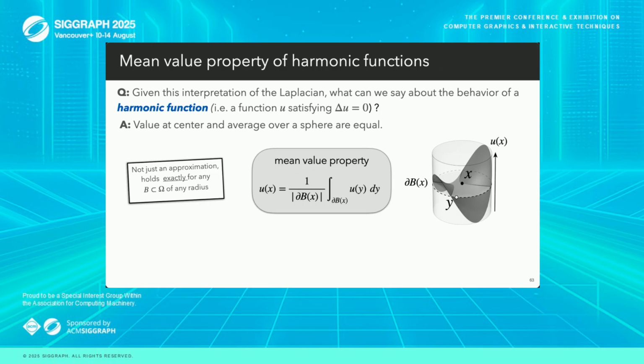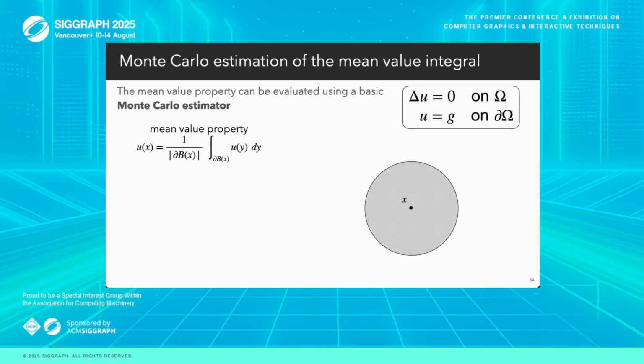Okay? This is the mean value property of harmonic functions, and conveniently, it gives me an integral representation I can use for solving my PDE using Monte Carlo. So I take this mean value property, and I can now apply Monte Carlo estimation to it, as we saw earlier. How do I do that?